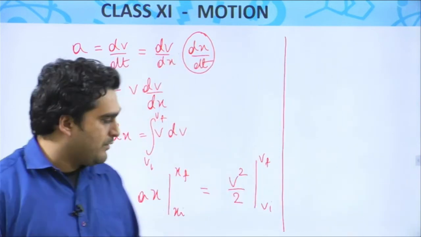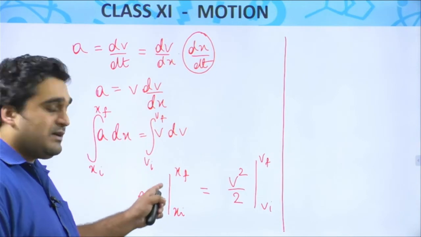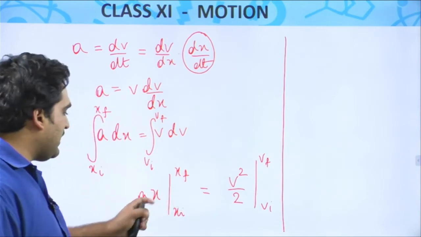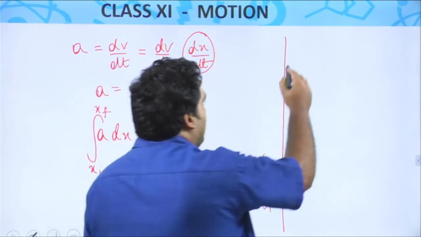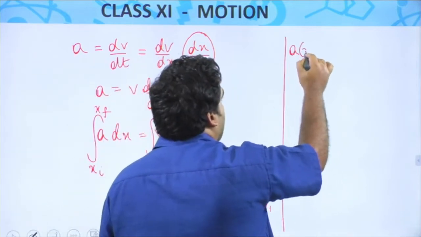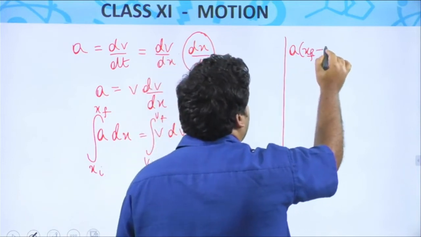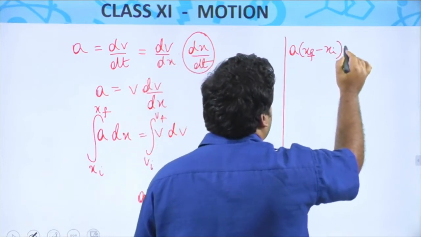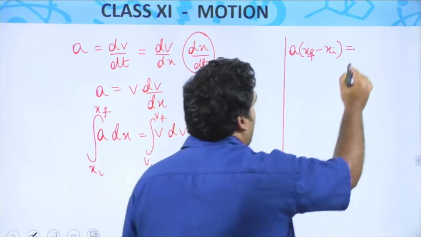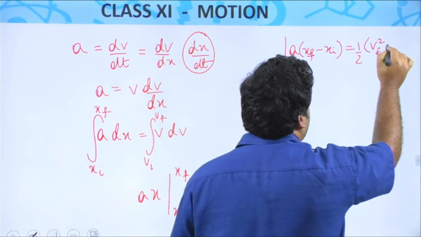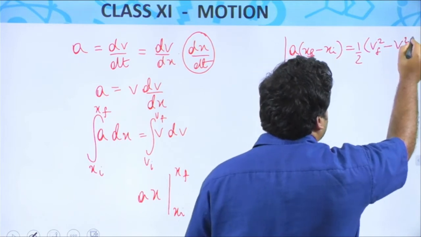Okay, now you apply the limits again. Upper limit minus the lower limit is how you apply. So a times (xf minus xi) is equal to 1 by 2 times (vf square minus vi square).